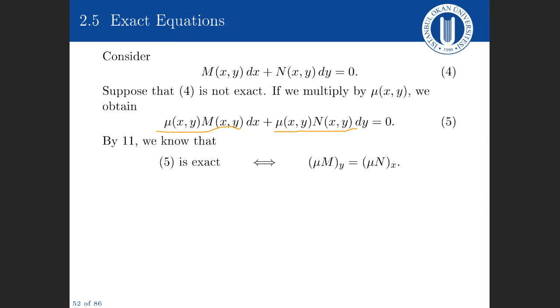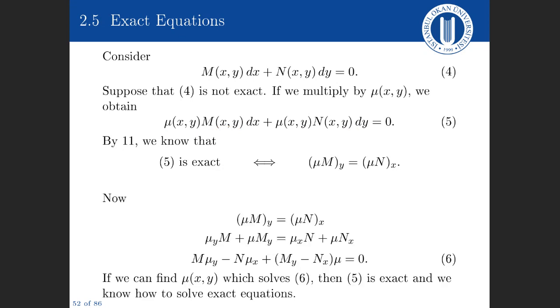So we want to have the y partial derivative of mu m equal to the x partial derivative of mu n. And in this latter equation, we can use the product rule and rearrange to m mu y minus n mu x plus (my minus nx) mu is equal to 0.